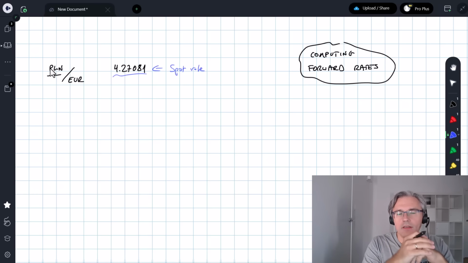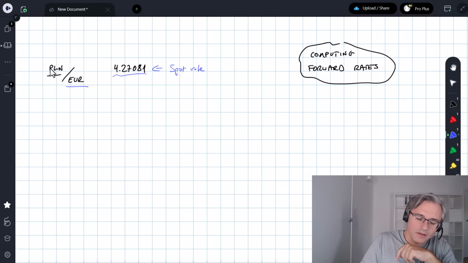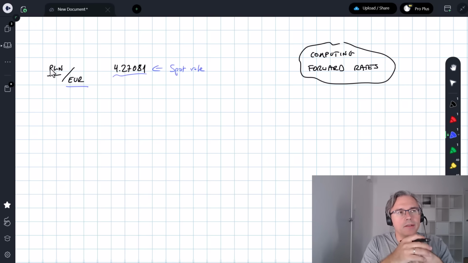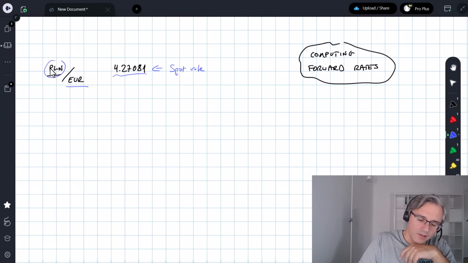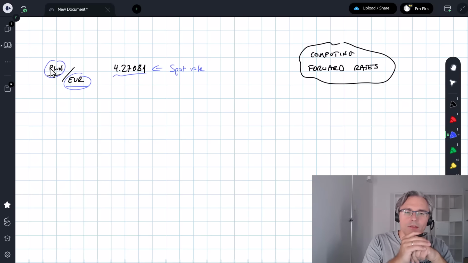Please appreciate the convention that CFA Institute uses. This is always the base currency, that's the price currency, and it's always how many units of this one per 1 unit of this one, irrespective of how actual conventions work in the market.